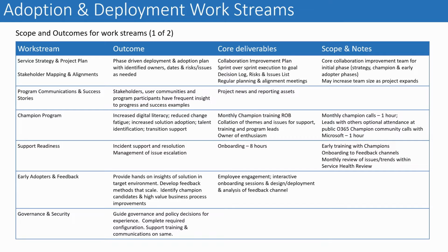Early adopter programs and your feedback tools can also be rolled together into either support or champions program, or they can stand alone. You may have, in a large organization, somebody who's accountable for that early adopter community and managing the feedback channels.